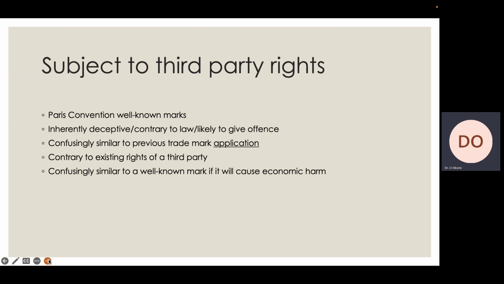it's contrary to law. So in a case where the mark is an abuse to a particular race or tribe or something like that, the third-party right in this case would be the right to dignity, protected in the Bill of Rights, and the right against discrimination.